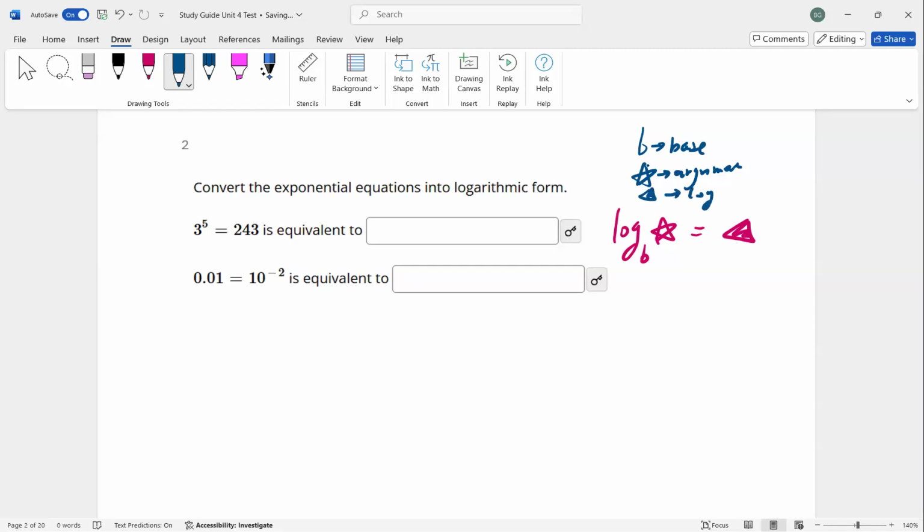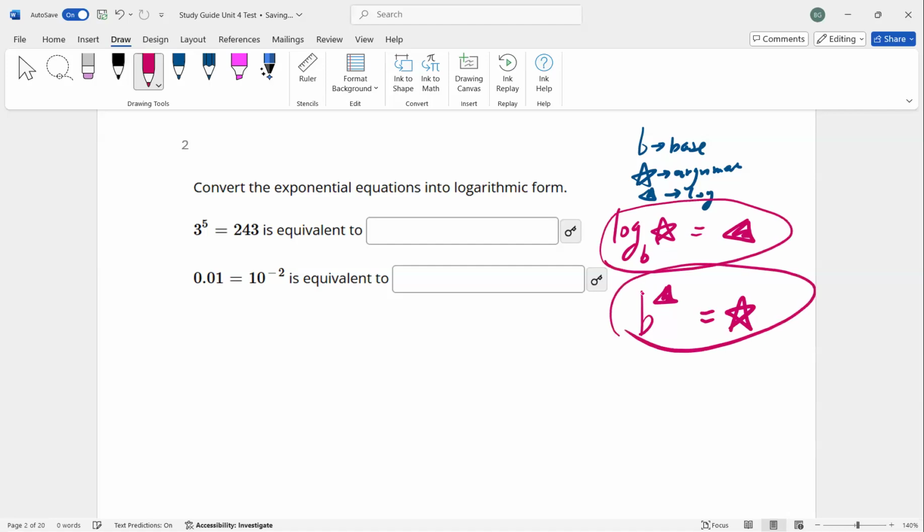Log is a piece of wood, remember? A log cabin, a piece of wood. The base is going to carry the log on the shoulder and equals the argument. So those two equations are equivalent. They are the same equation in two different formats.